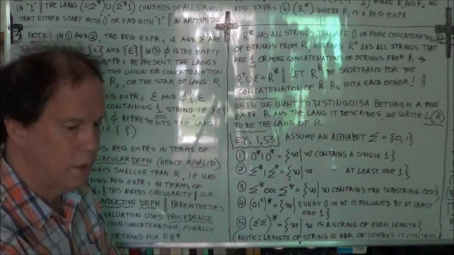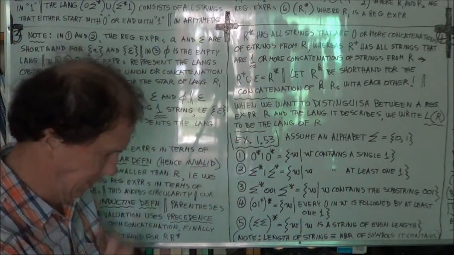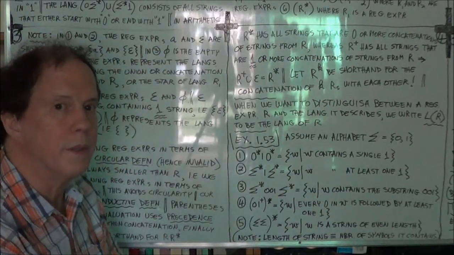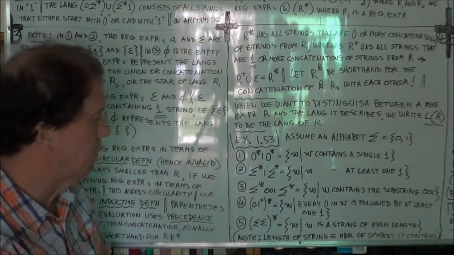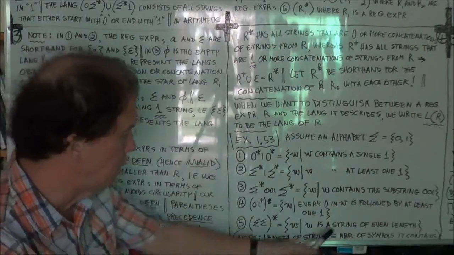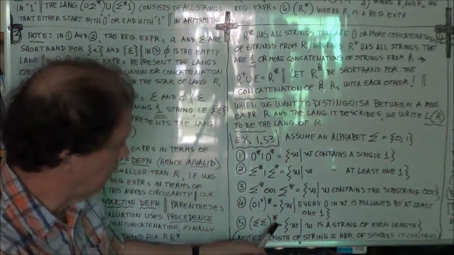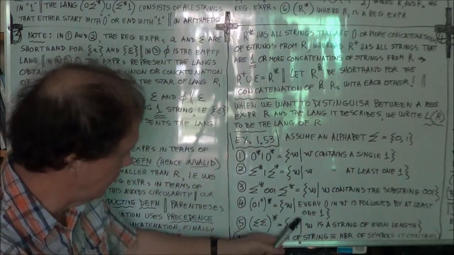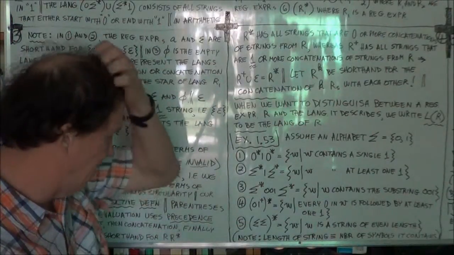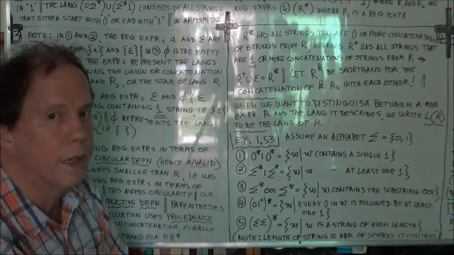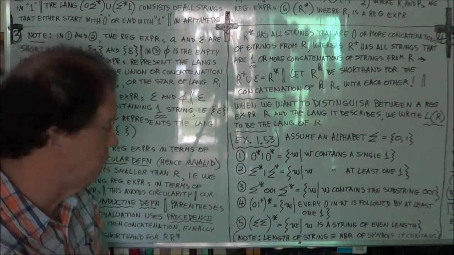Well, can you see that it would be the set of strings that are of even length? The length of the strings in this set are described by this regular operator. They all have even length.